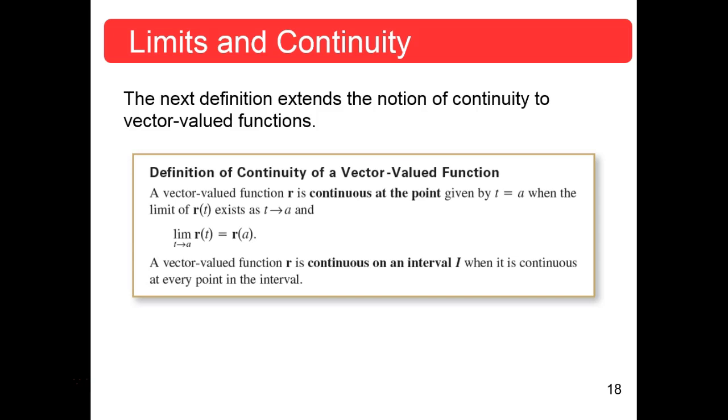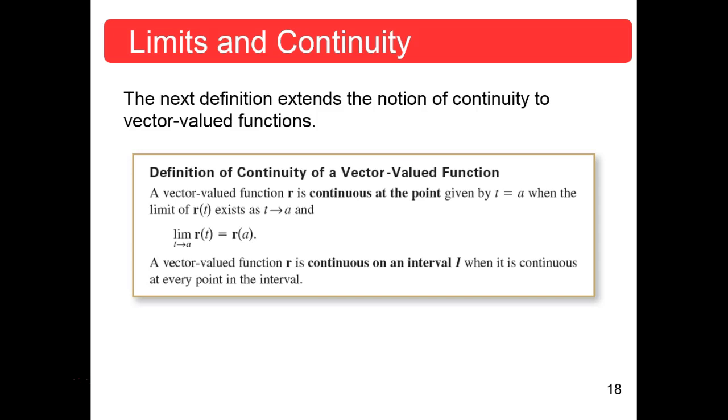r must be defined at a, and the limit as t approaches a must be r of a. The vector value function r is continuous on an interval I when it's continuous at every point on the interval. That means there are no holes, no gaps, no breaks, or anything else. They're all there.